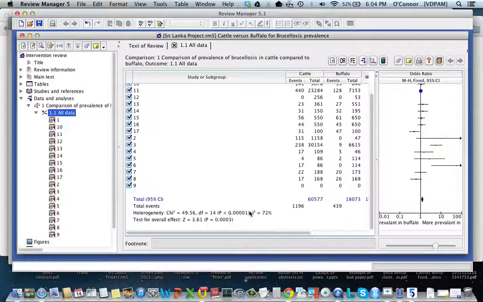Now, what you see here is that we have strong evidence that all of these trials are not estimating the same thing. So it appears that we have heterogeneity. We also have the I-squared, which is another measure of heterogeneity. An I-squared of above 70 suggests that there is substantial heterogeneity.